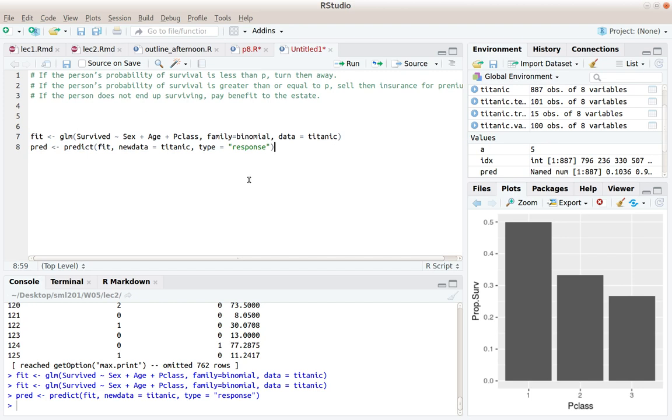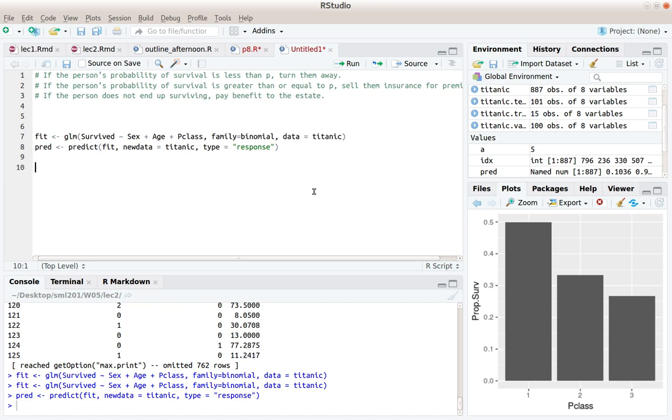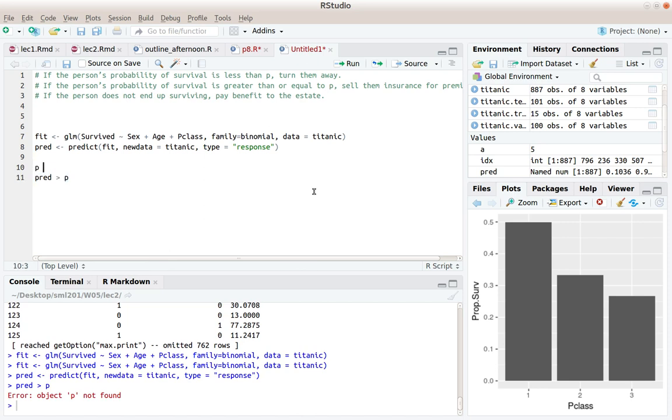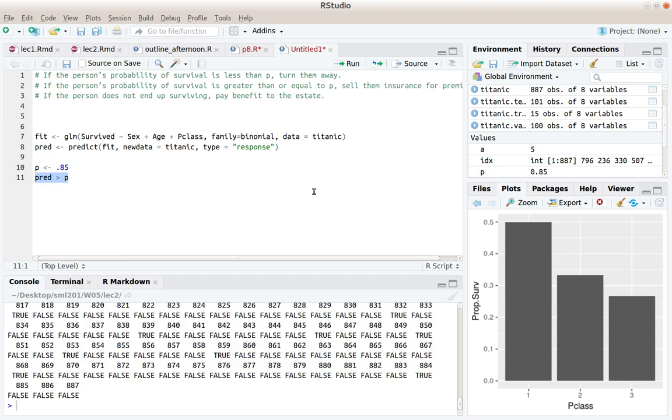So now let's figure out how much money we are taking in. We're taking in premium from each person who we take. How many people do we take? Well, as many as had a probability of survival greater or equal than P. So we'll say prediction greater than P, and then we'll get a vector. We'll need to set P to something, let's say 0.85. So prediction greater than P is going to be a bunch of trues and falses.